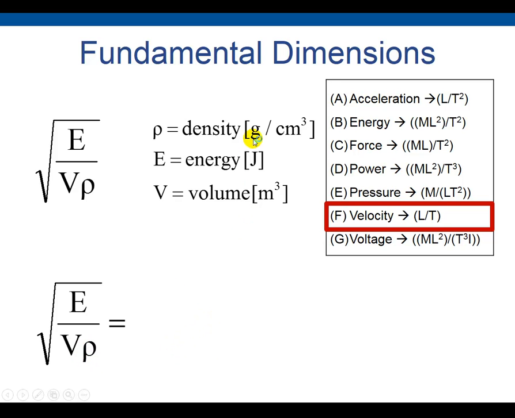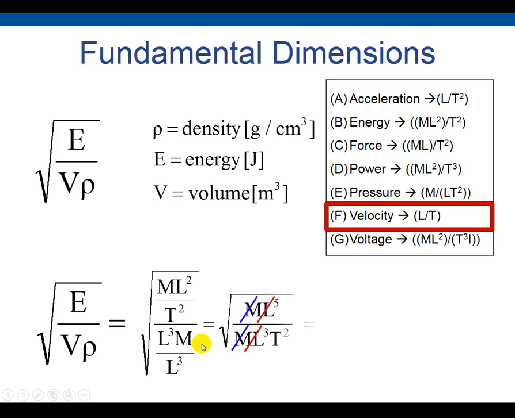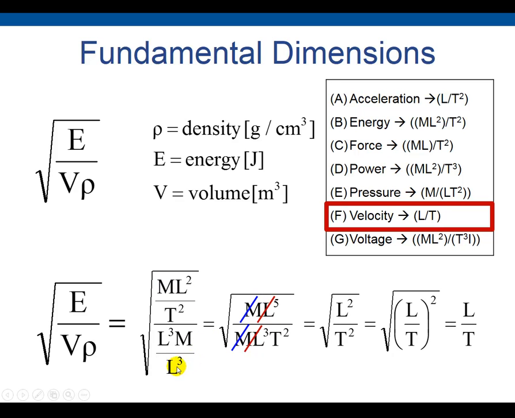And rho here, gram is mass and centimeter is length, so we can simply say M divided by length cubed. This looks quite confusing, but once we arrange the numerator and denominator positions, multiply, and erase the same things, we finally get a square here and a square root here. So the answer is L over T, which is the velocity.